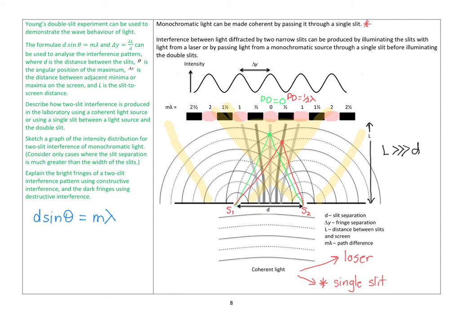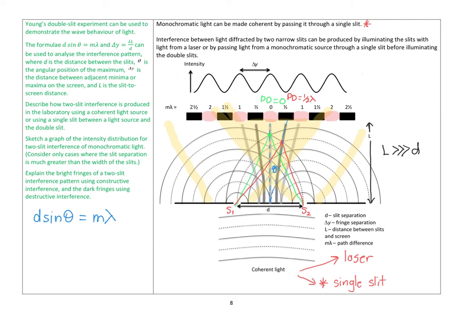So basically, if we want to know at some angle, so let's draw that there is 0, at some angle theta between those two lines, d sine theta, d down here equals m lambda. So for that one there, d sine theta would equal a half lambda. That would be destructive interference. When I do a question, I think that'll become more obvious.